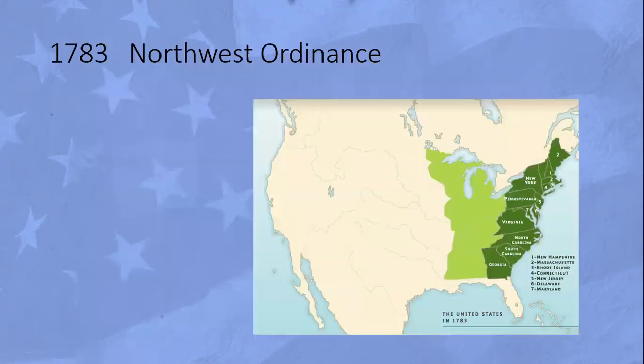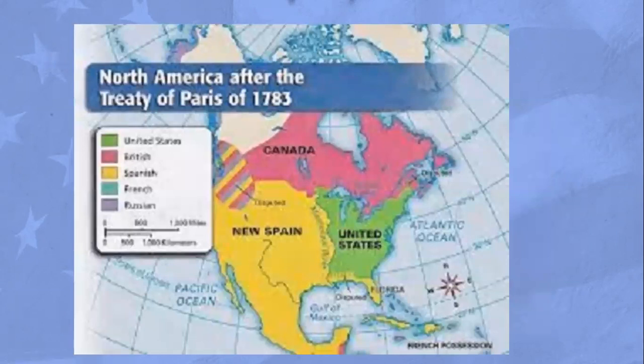Because let's take a look at North America right after the Treaty of Paris. As you can see, and we remember, the United States of America that became independent was made up of the 13 colonies here on the eastern seaboard, plus the territory that was acquired, remember, after the French and Indian War.